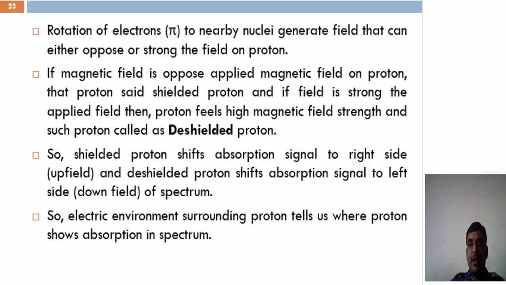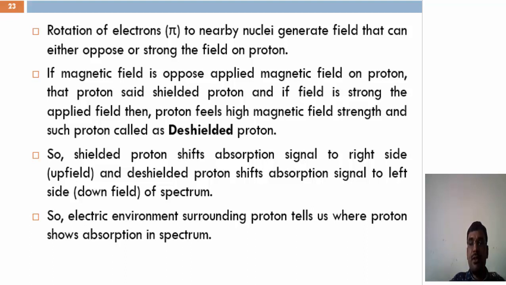The rotation of the electrons near the nuclei generates a field that can either oppose or strengthen the field on the protons. If the field opposes the applied magnetic field on the proton, that proton is called a shielded proton, and if the field strengthens the applied field, then the proton feels a higher magnetic field strength, and such a proton is called a deshielded proton.